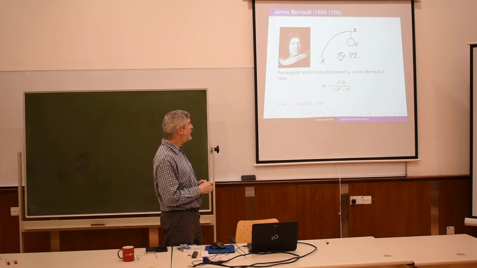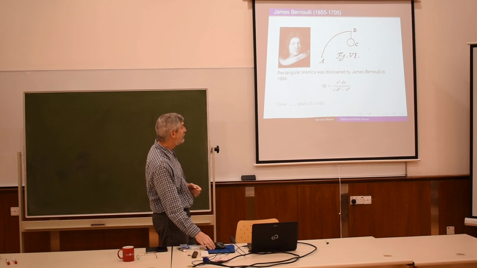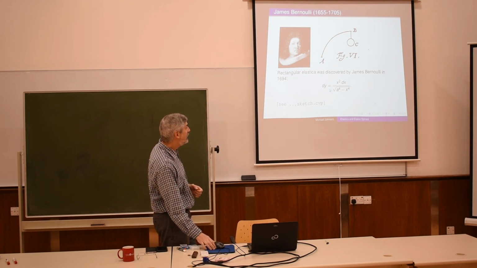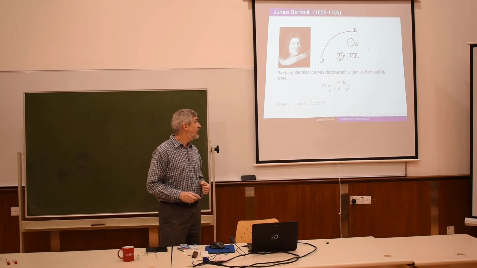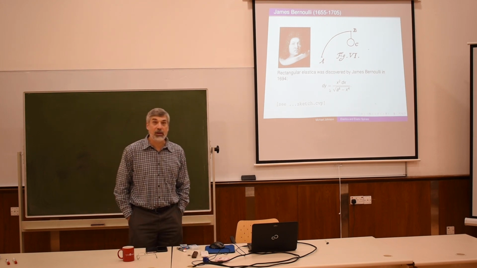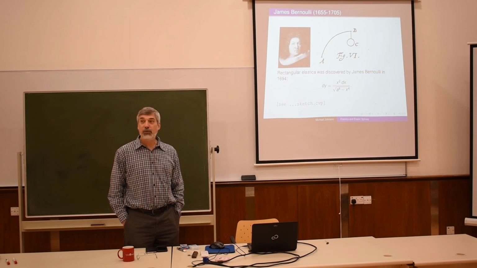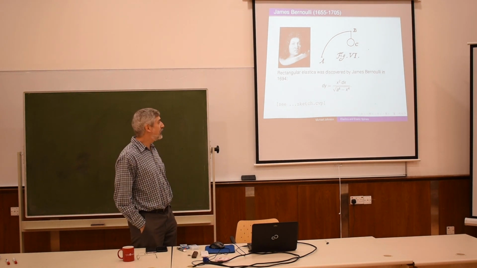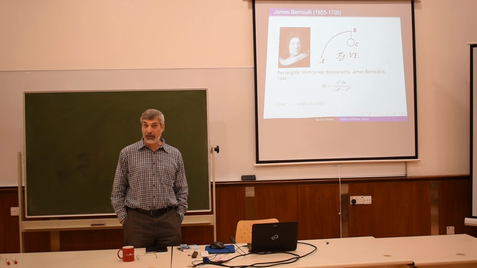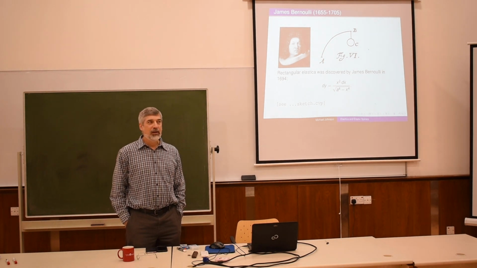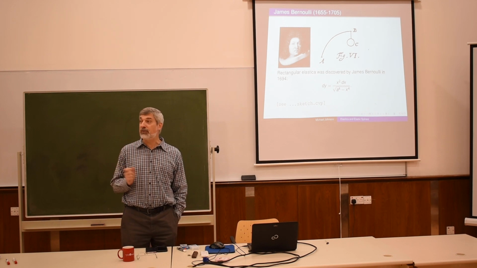James Bernoulli analyzed it, and he came up with this equation: dy equals x squared dx divided by the square root of a to the 4 minus x to the 4. Now you're probably wondering, why doesn't he write dy dx equals that thing? In those days, dx and dy were infinitesimals.